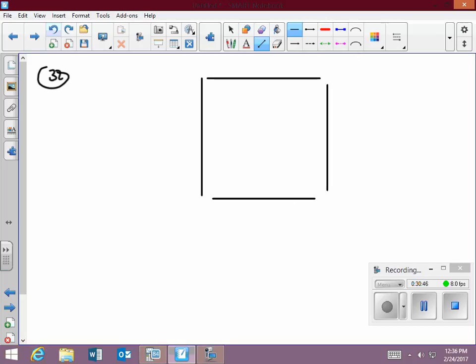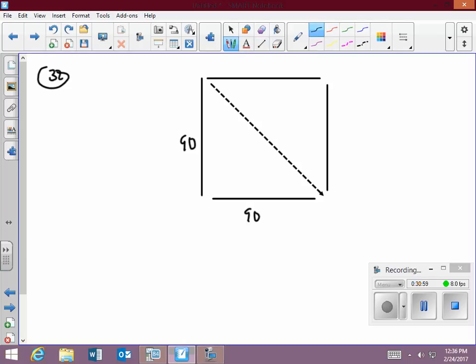So if you grant me that that's a square, and it's 90 feet on the side, it's this distance right here, right?